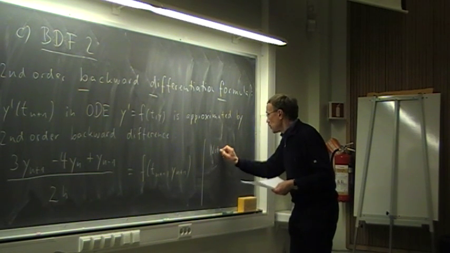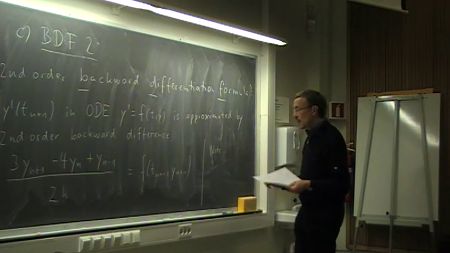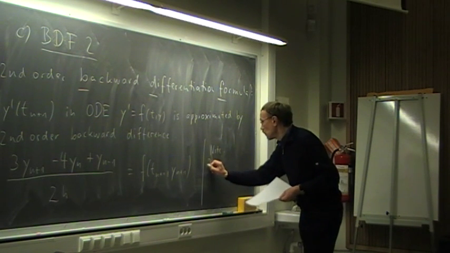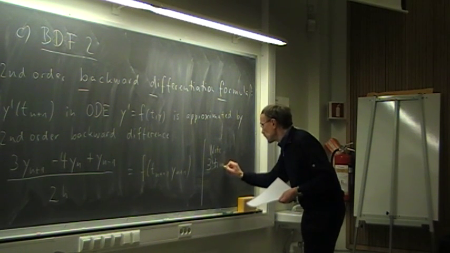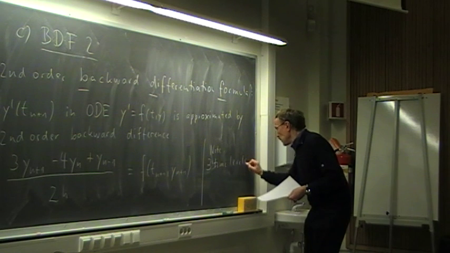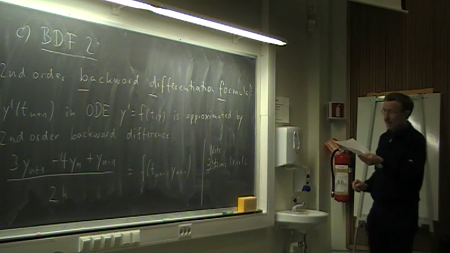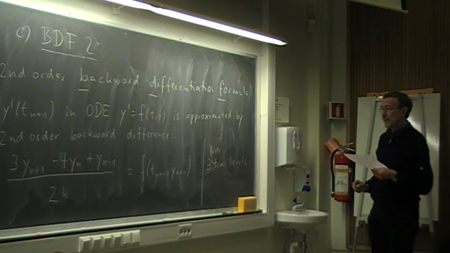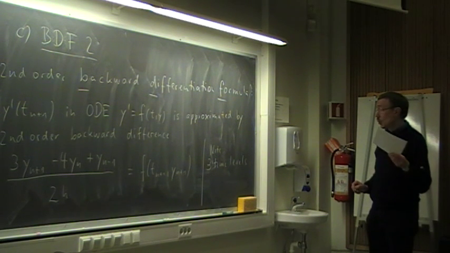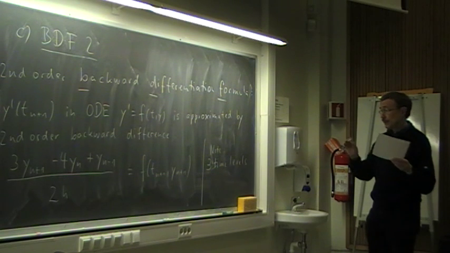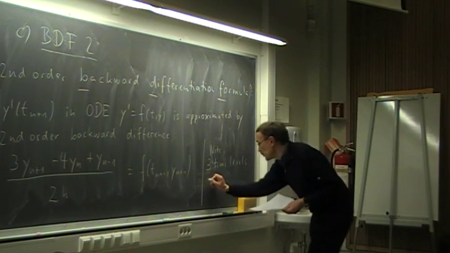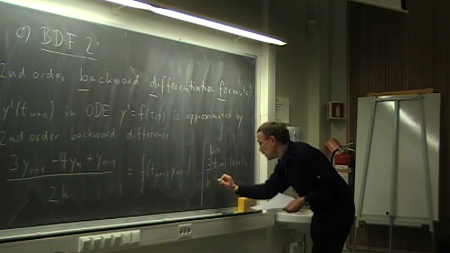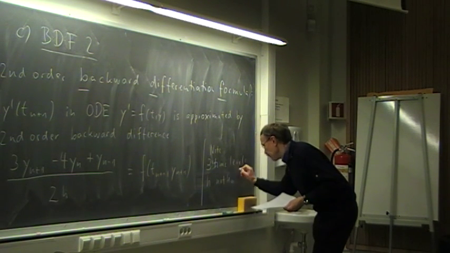So note we have now 3 time levels involved, n plus 1, n and n minus 1, and we can no longer choose that, so h, not hn.